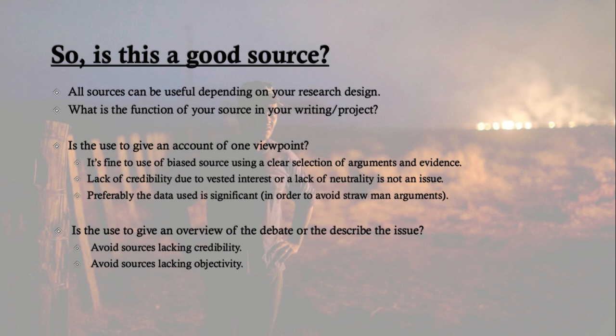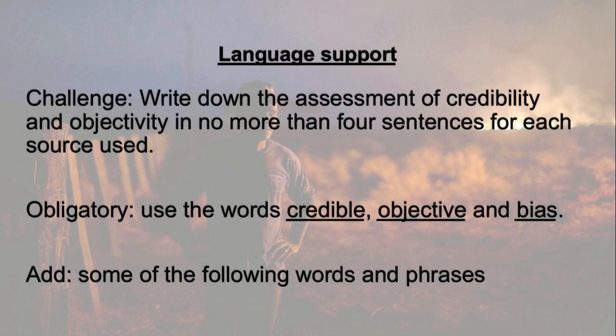Having said that, writing about this is something you should do throughout in your team projects and individual writing. Cambridge would like to see you using the words credible, objective, and bias. Use them throughout in describing sources, or at least frequently, and add the following words and phrases each instance you introduce a source.